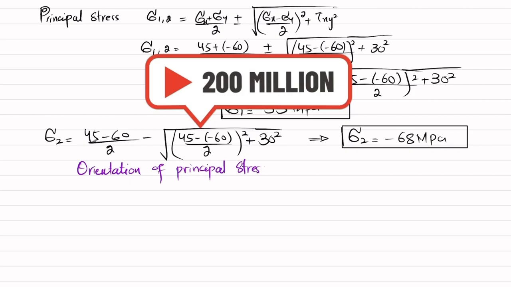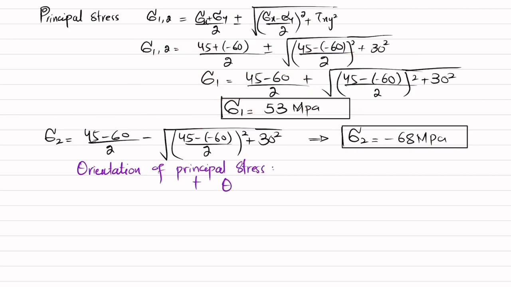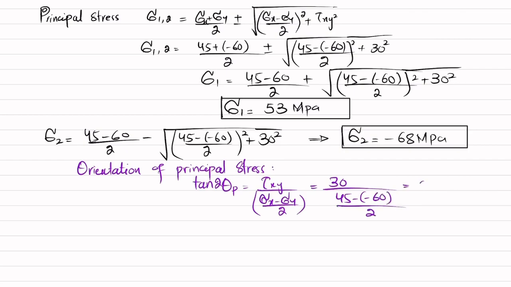This orientation theta can be obtained by using the formula tangent of 2 theta p is equal to tau of xy divided by sigma x minus sigma y divided by 2. Clear? Now you put the values: tau of xy is 30, divided by sigma x, 45, minus sigma y, minus 60, divided by 2. So you will get 0.5714.